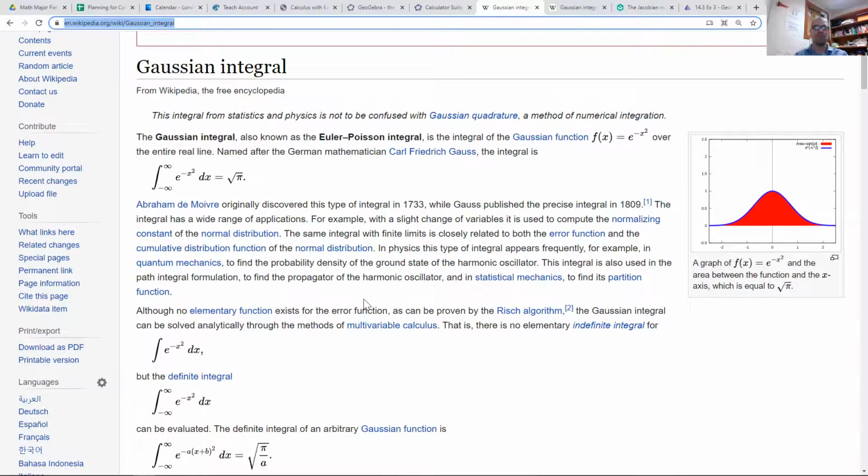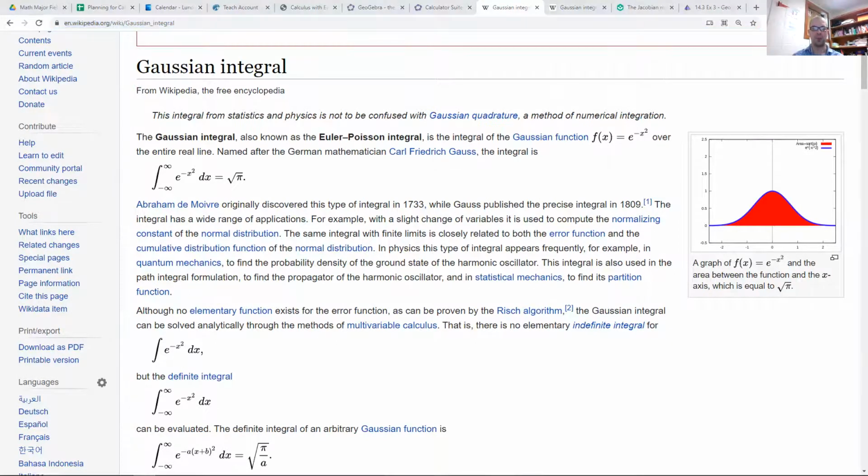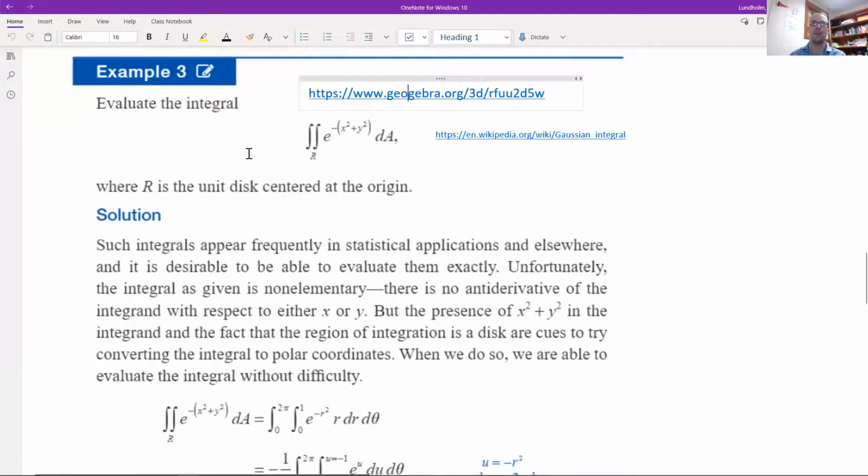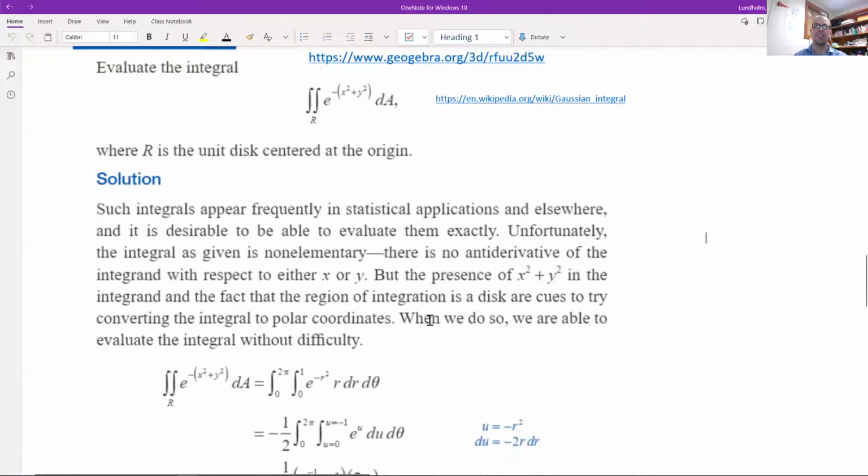And that's cool. On our activity, we're going to look at one of these because while this integral of e to the negative x squared is a non-elementary integral, when you treat this as a double integral in polar coordinates, nice things happen, and you're able to make a change of variable.